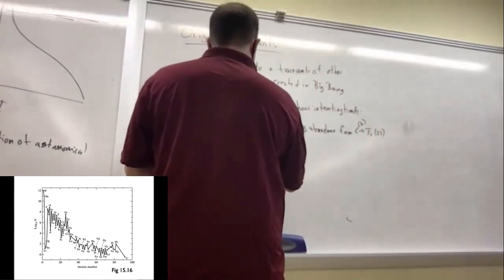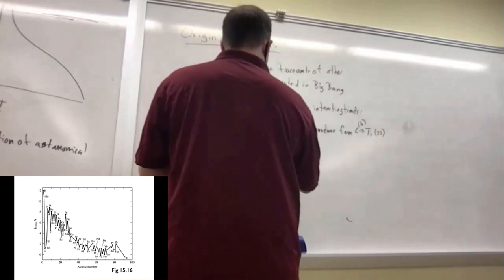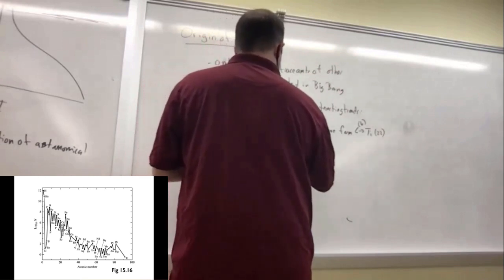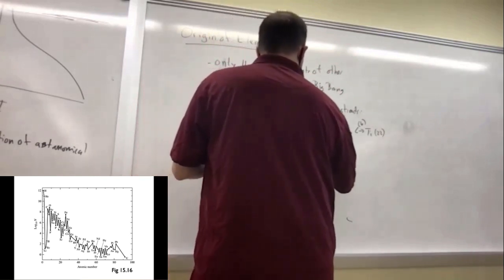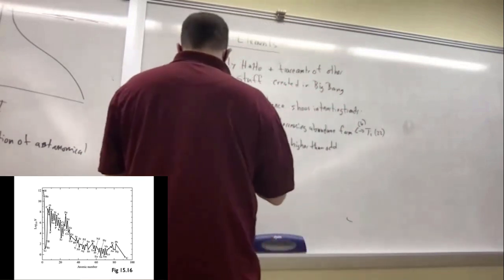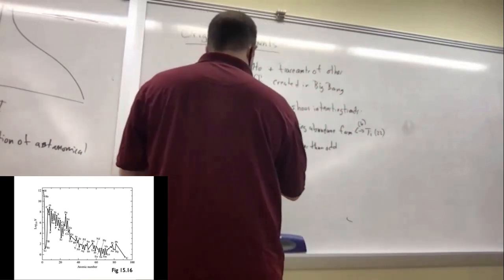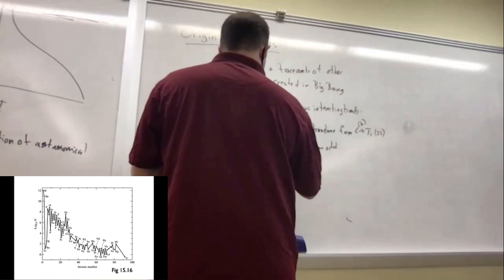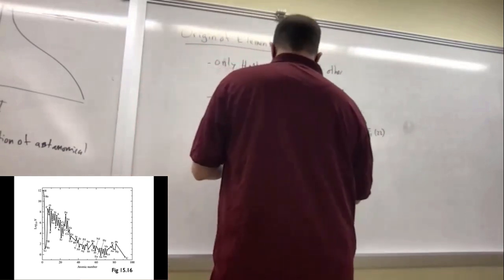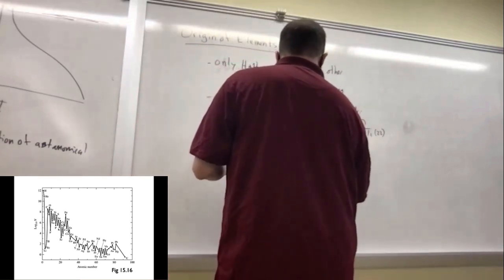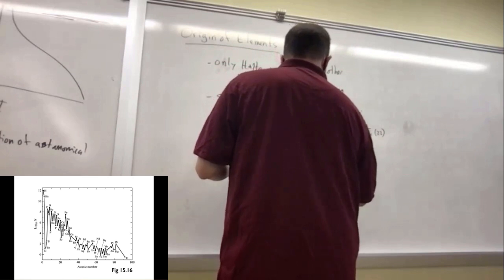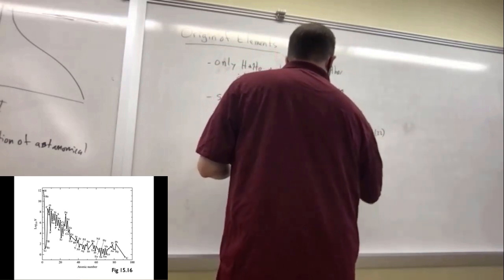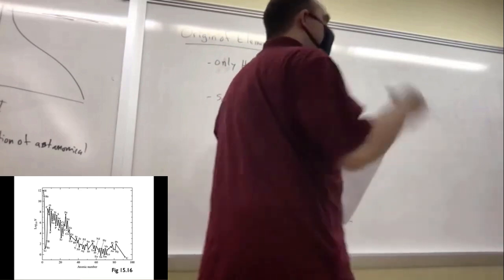Even-numbered elements are higher than odd. There's a peak near iron, which are called the iron peak elements. You'll hear astronomers use that term.